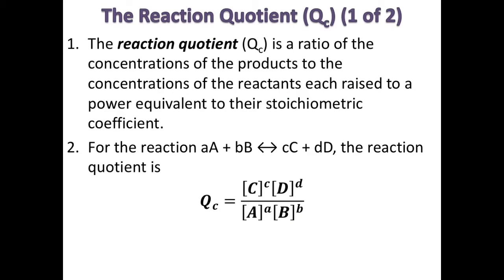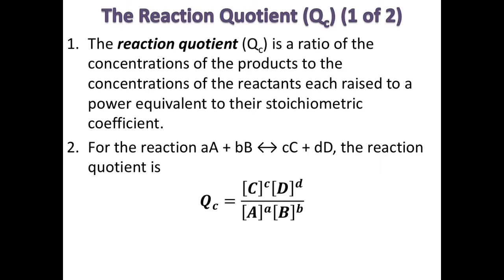The reaction quotient is a ratio of the concentration of the products to the concentration of the reactants, each raised to a power equivalent to their stoichiometric coefficient. This is not the same as the rate law. Just to remind you, in the rate law, you had to experimentally determine the exponents.